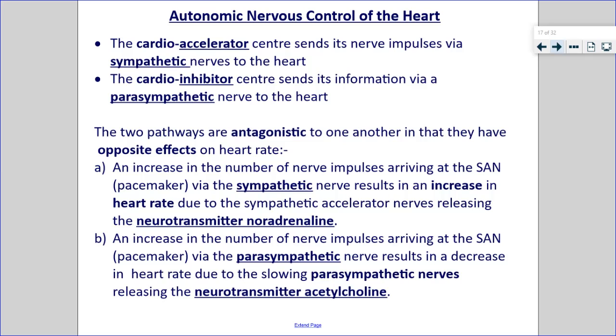If you increase the number of impulses passing down the parasympathetic nerve from the medulla to the SA node, then that increases the release of a neurotransmitter called acetylcholine. And that has the opposite effect. That causes the heart to decrease its heart rate.